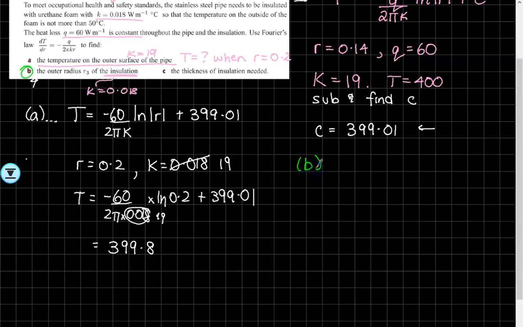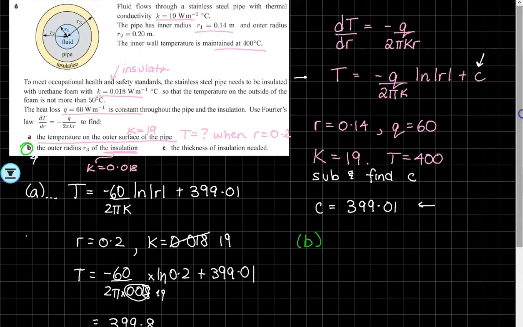We want to find the outer radius of the insulation. So this time we're going the radius, and I guess we're trying to find the outer radius. So we're trying to find R3.